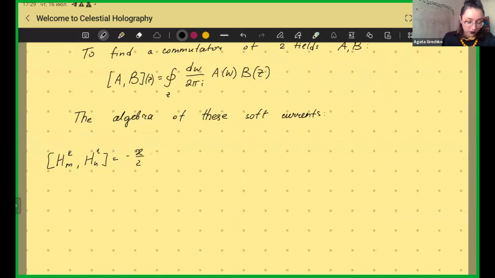Over 2, and then our indices begin. I will write it down just for you to see how awful and ugly it is.